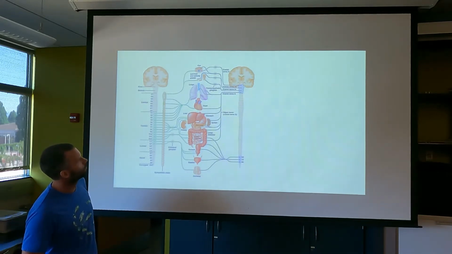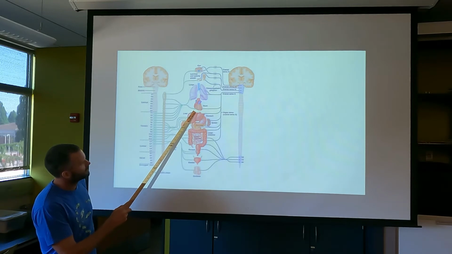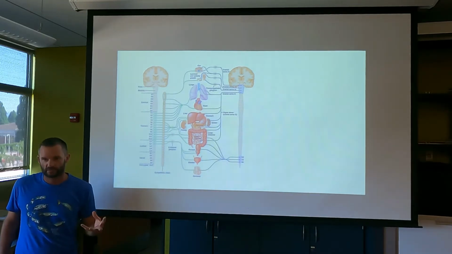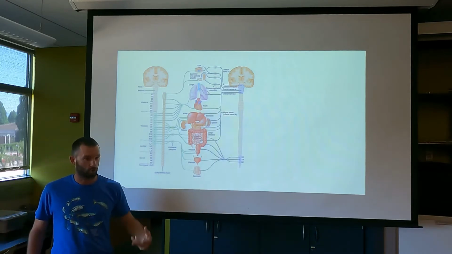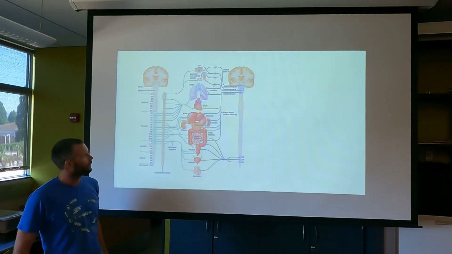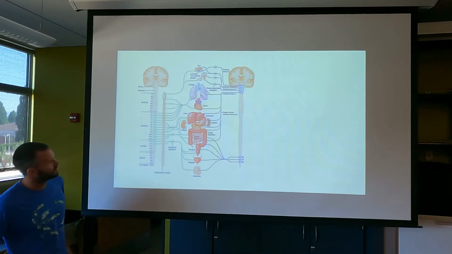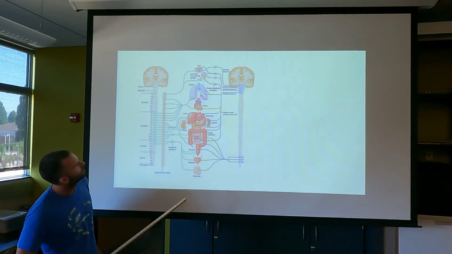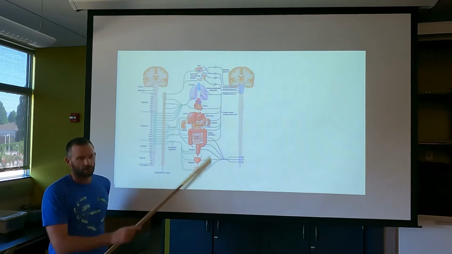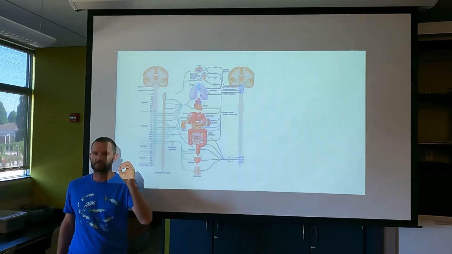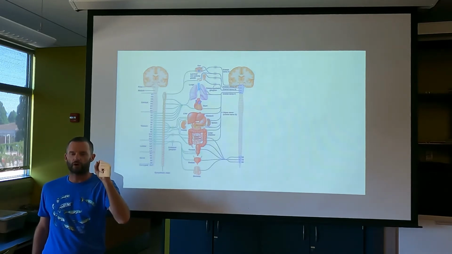What's going to happen when norepinephrine is released onto the heart? It's going to beat more quickly and more forcefully. What's going to happen when norepinephrine is released onto the lungs, onto the tubes, the bronchioles of the lungs?